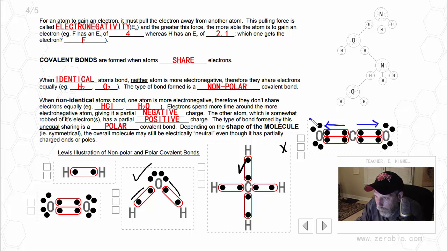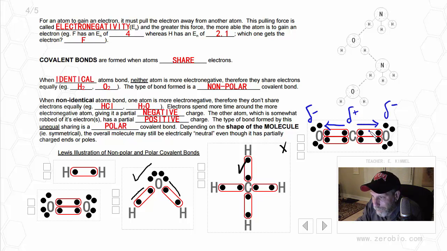So there's a partial negative charge right here on this oxygen compared to the carbon, which is partially positive as a result. It still gets the electrons, just not as much. This oxygen, on the other hand, also does the same thing. It's more electronegative than carbon, and it pulls the electrons like that, leaving carbon partially positive.